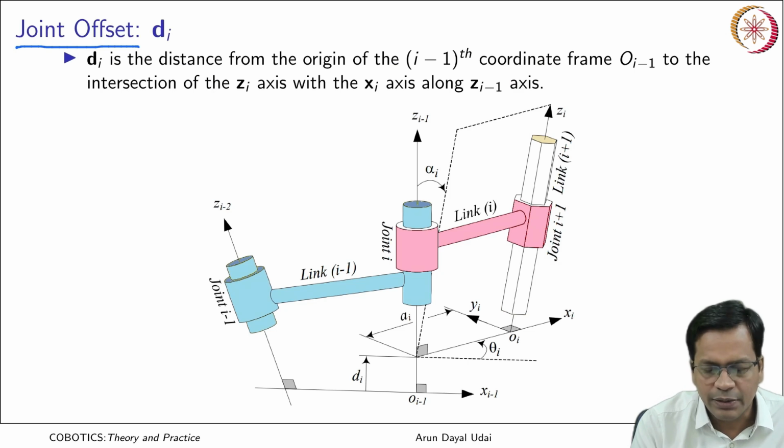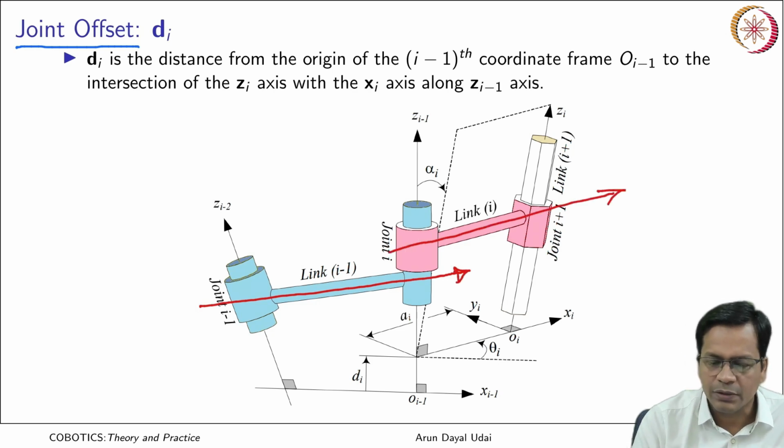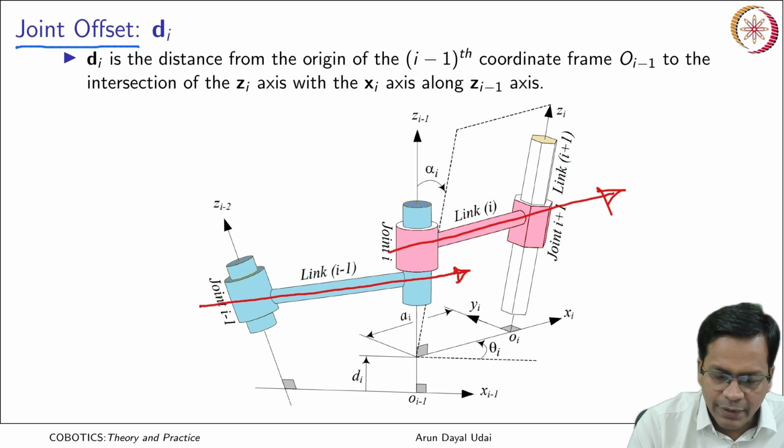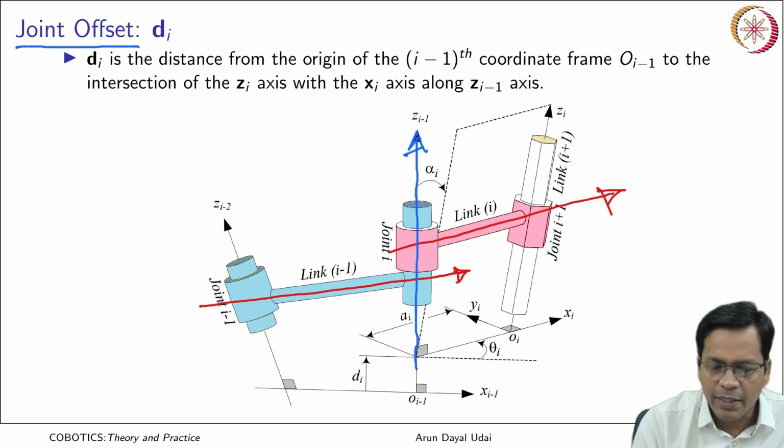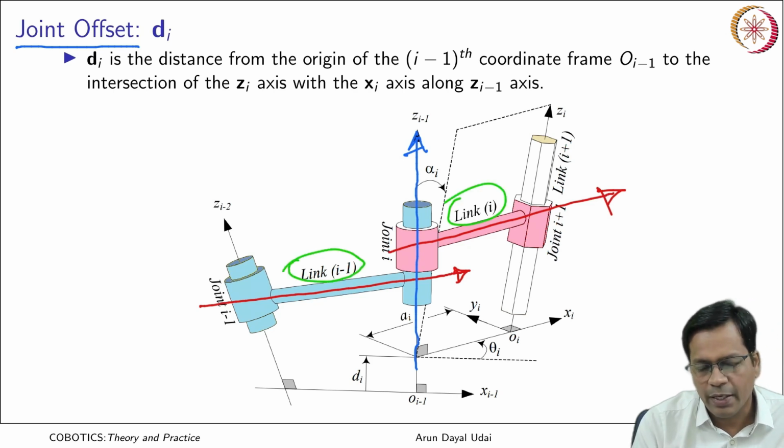Let us say you have a link axis that goes like this, and the second link also has an axis that goes like this. These are the link axes, and this is the axis about which link I rotates with respect to link I minus 1, about the axis Zi minus 1.